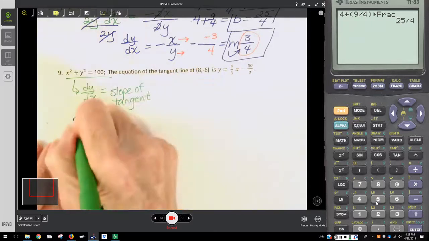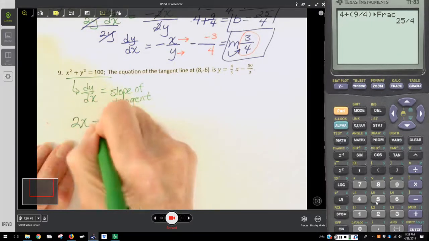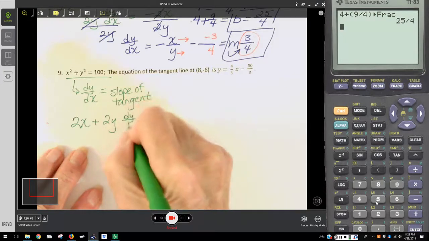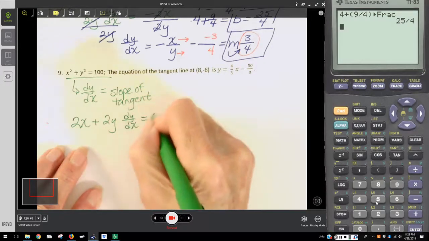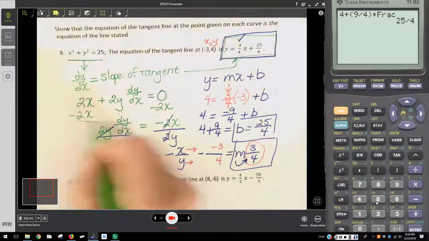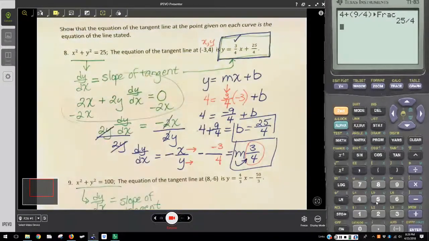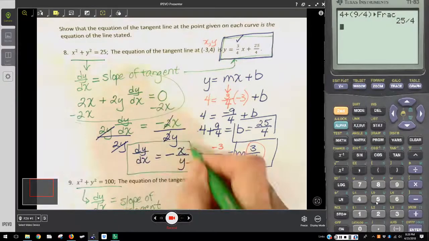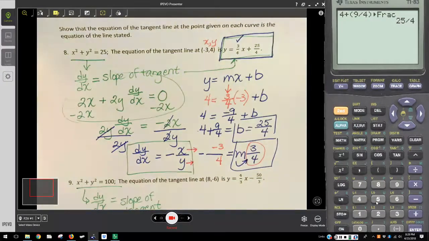So dy dx is 2x plus 2y dy over dx is equal to 0. And just as it was up here, it actually turns out that our derivative is going to be the same as what the derivative was before. Negative x over y.